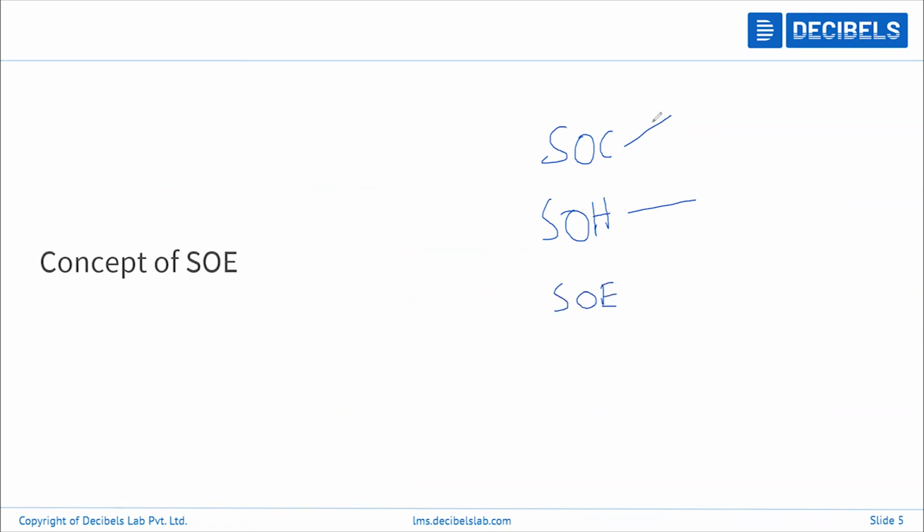This can be used to say what capacity is left in the battery. SOH defines the health of your battery, and SOE defines the energy of your battery. From an application point of view, it will be used for range estimation.